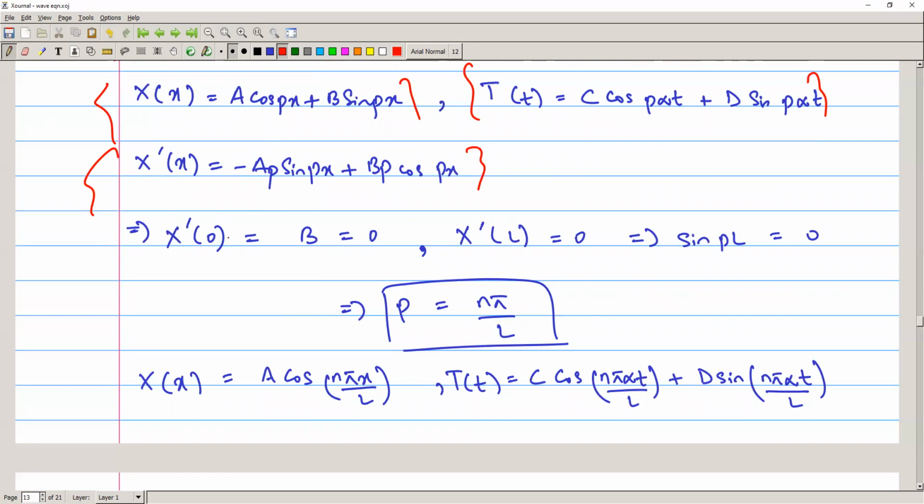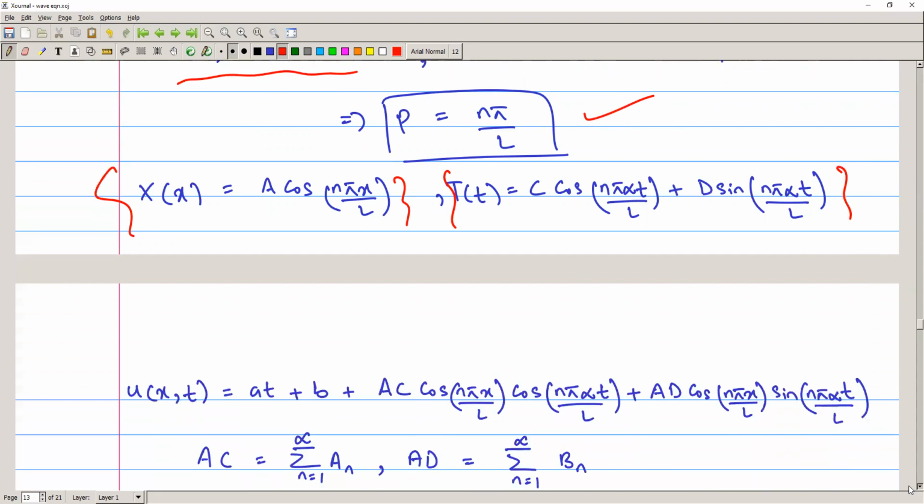apply the boundary conditions. Therefore, we will apply the conditions and we will get b equals 0 from the first condition, and we will get sine pL equals 0 from the second condition, which will give the eigenvalue, and then we will plug this eigenvalue in the function of x, and then we will multiply to construct the general solution.